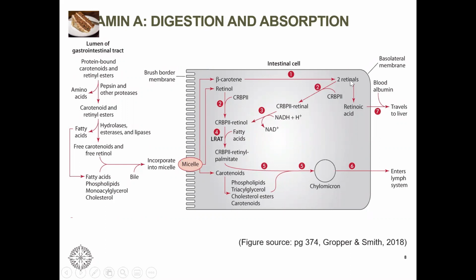Either it can travel to the liver for further processing or storage, or we have the same enzyme that can, in the presence of niacin, convert it to retinol. Why? Because the body wants to make retinyl esters. And it is all happening in that small, amazing intestinal cell.